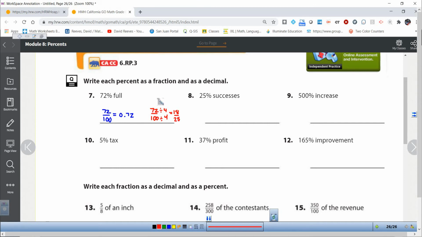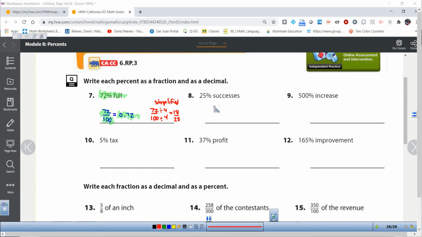I just want to remind you that there might be times where they want you to write it as a simplified fraction. However, the instructions do not say you have to simplify it, so we're going to make 72%, which was our percent, equivalent to 72 over 100, which was our fraction, is equal to 0.72 or 72 hundredths as our decimal.